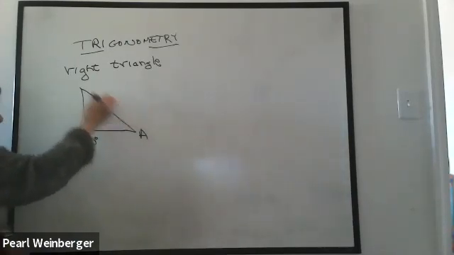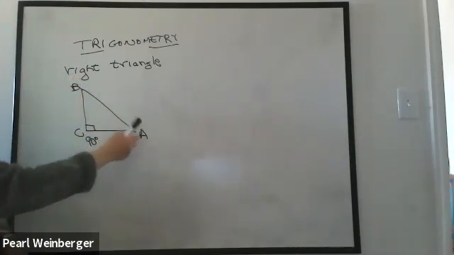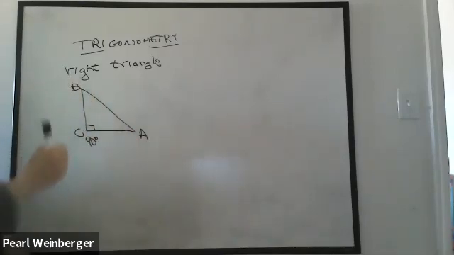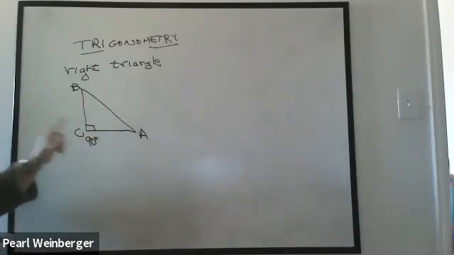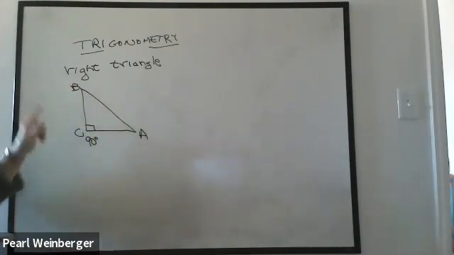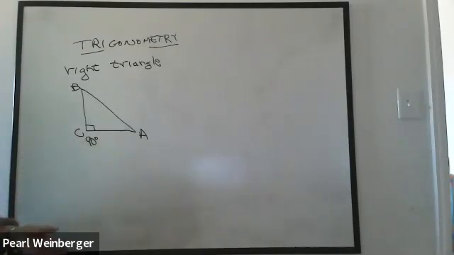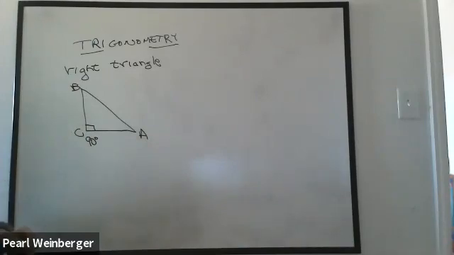First of all, usually we use capital letters at the vertices, or the corners, of the angles to label the angles of the triangle. This is angle A, this is angle B, this is angle C. Usually, if we're using A, B, and C, it's the C that's put at the right angle.